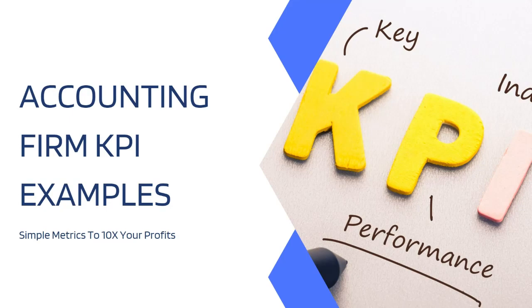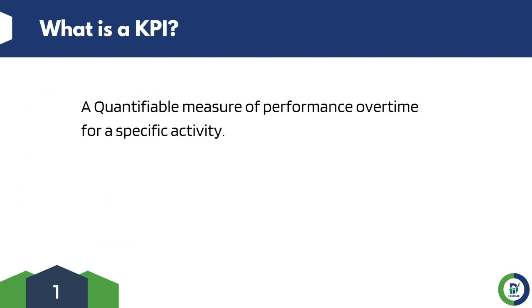So first, let's understand what a KPI is. A KPI is nothing but a quantifiable measure of performance over time for a specific activity or a department. I prefer it to be an activity, so you should be able to measure an activity that your accounting firm performs over a period of time.